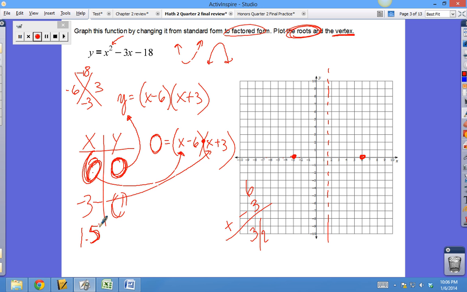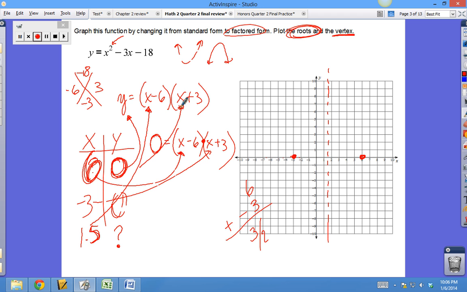Now my last question is, if I know the x, how do I find the y? How do I figure out how far up or down I'm going? And that's pretty easy. If you know the x and you need to find the y, all you do is take this x and plug it into your model and do the math.